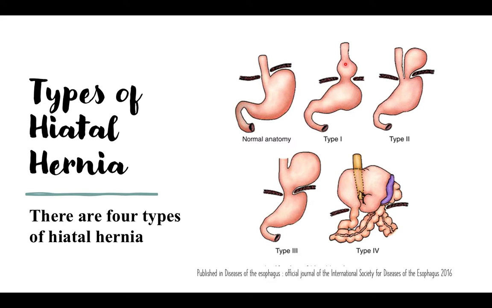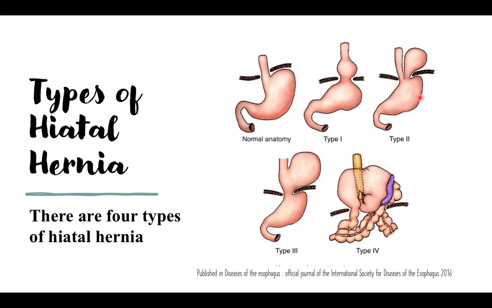So in type 1, two things protrude: the gastroesophageal junction and the cardia of the stomach.